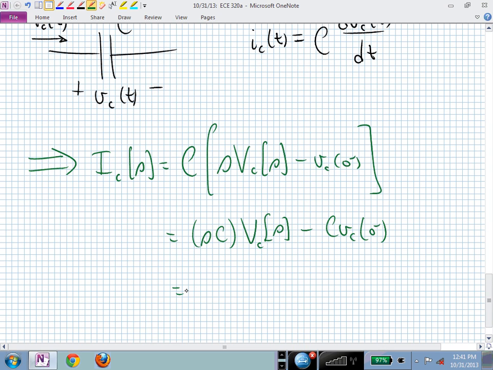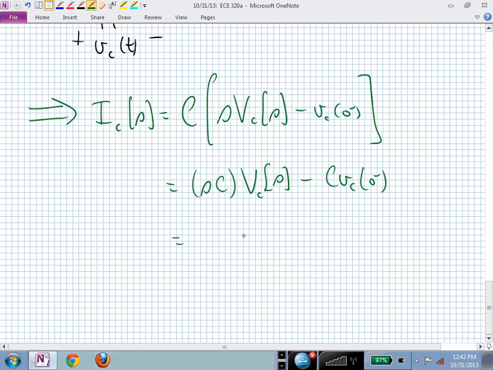Or if you're not used to seeing it that way, typically when I think of my impedance, I ask what's dividing V sub c? It's my impedance. To get SC, I need to divide by 1 over SC, and that's now the impedance of the capacitor, minus C V sub c of 0 minus.